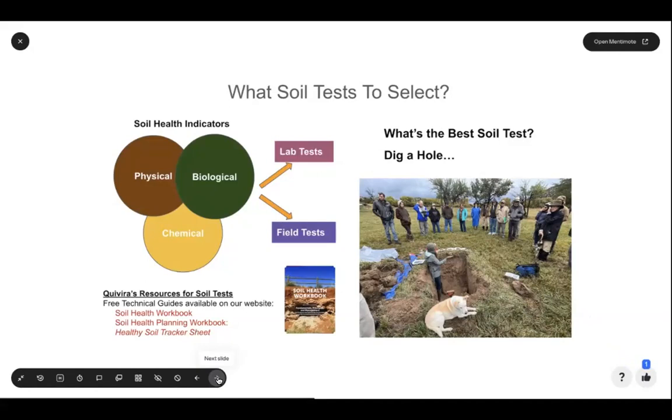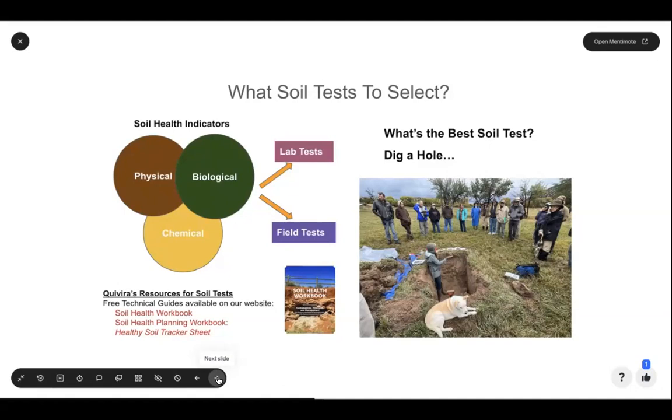In my opinion, one of the best ways to learn about your soils is to dig a hole. And it doesn't have to be as deep as this hole in the picture that's dug with a backhoe. It could be 8 to 12 inches. But I've found that learning about the soil physical characteristics is really useful. Are there earthworms?